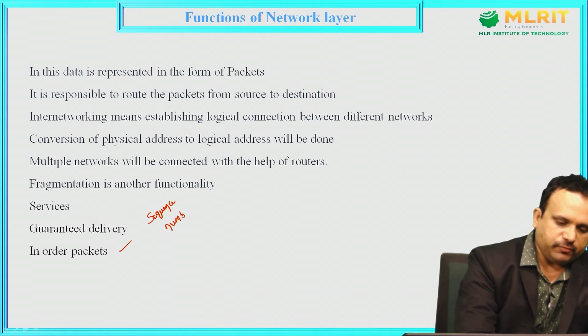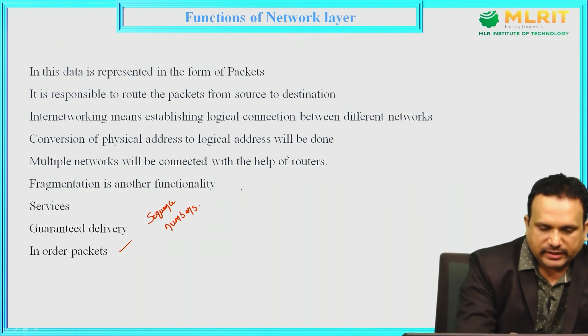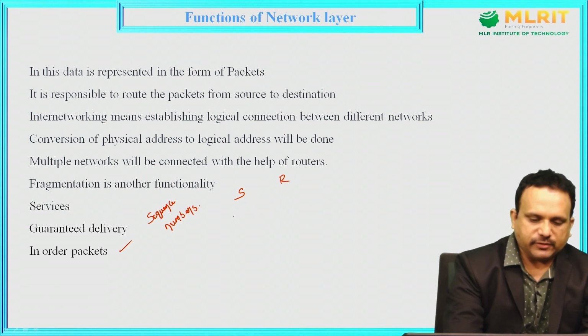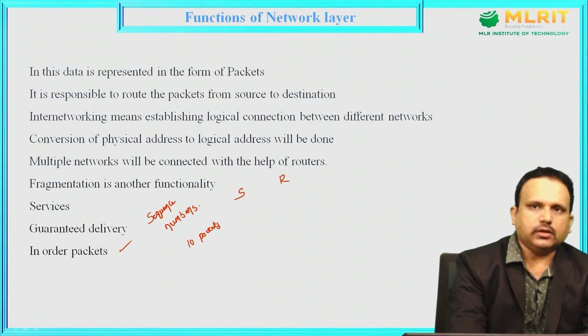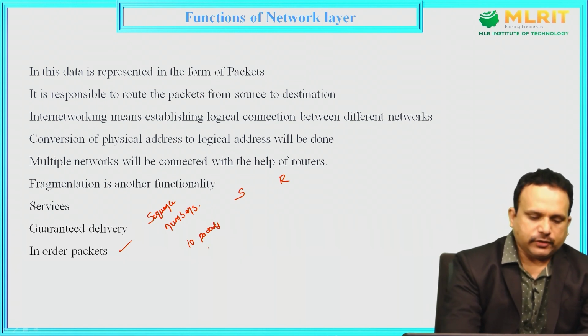So what is this sequence numbers concept? For example, here we have a sender and here we have a receiver, right? The sender has to transmit some 10 packets of data. For example, the sender has transmitted 4 packets of data, and the receiver received only 3 packets of data.